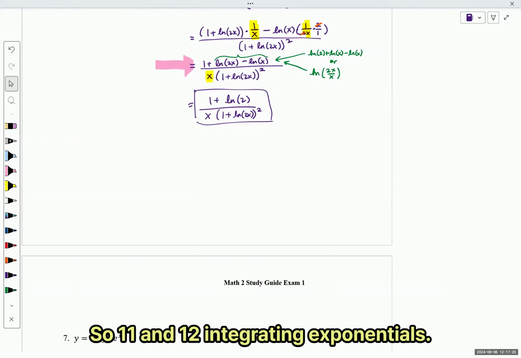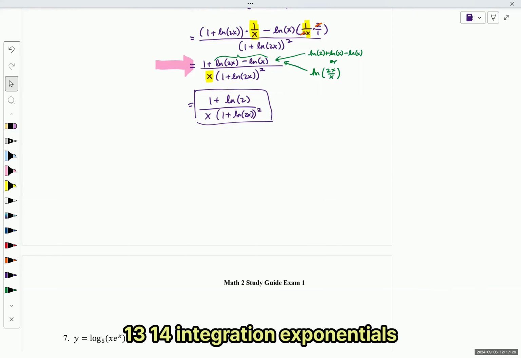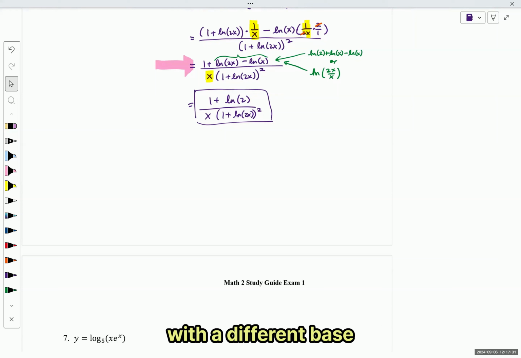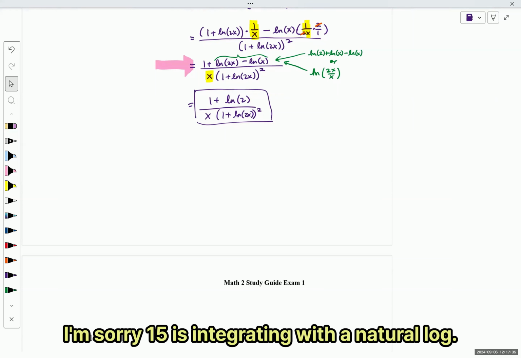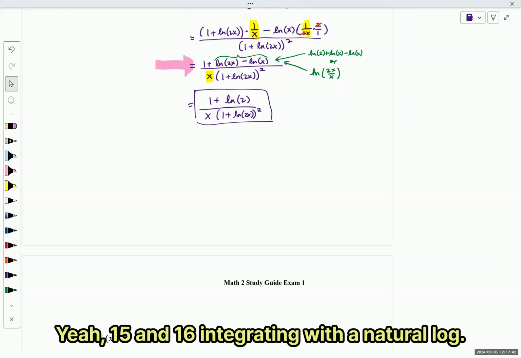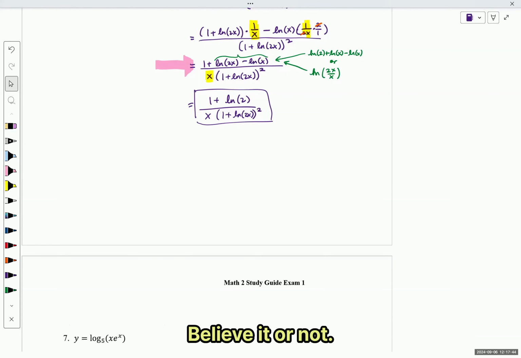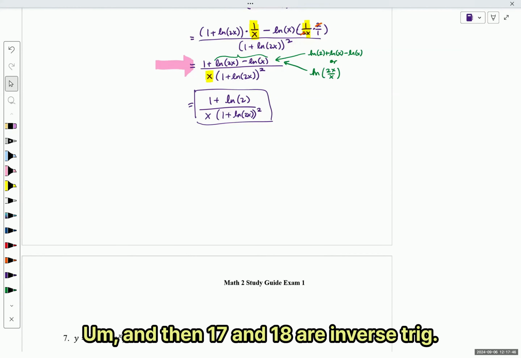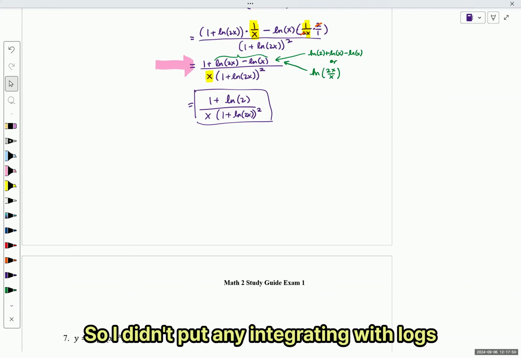Okay. As far as 11 through 18, 11 and 12, integrating exponentials. 13, 14, integrating exponentials with a different base. 15 and 16, integrating with a natural log, believe it or not. And then 17 and 18 are inverse trig.